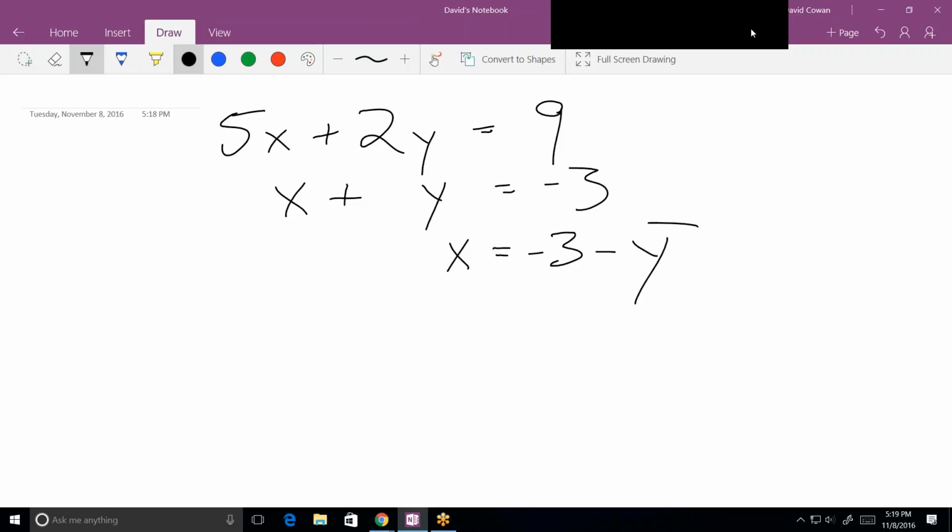In other words, wherever we see x, we're going to substitute that expression into the other equation. Notice that if we substitute it in the same exact equation, everything goes to 0 and you get 0 equals 0. You don't solve for anything. So you're going to have to substitute this expression into the first equation.